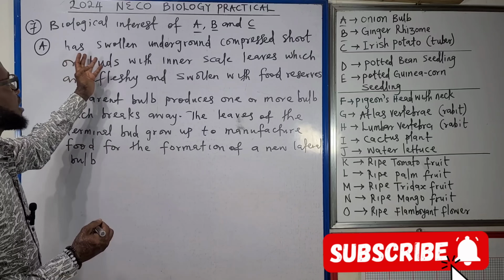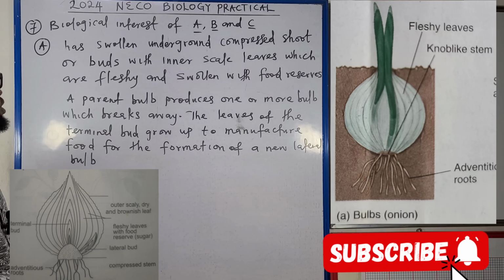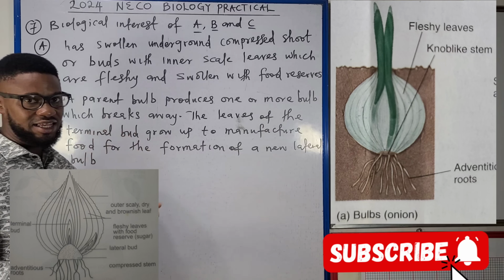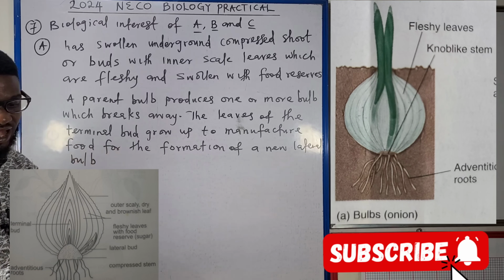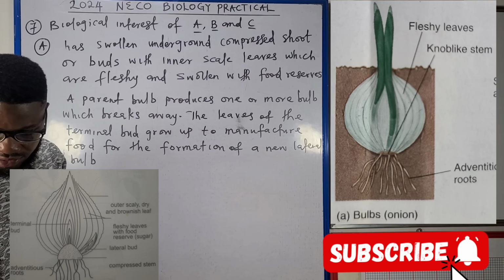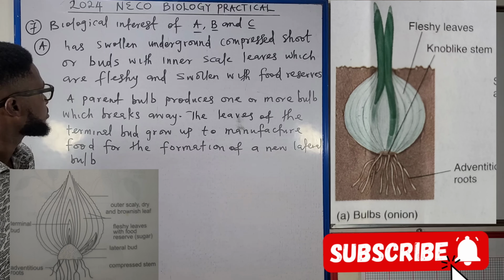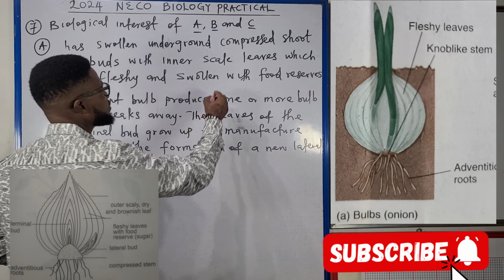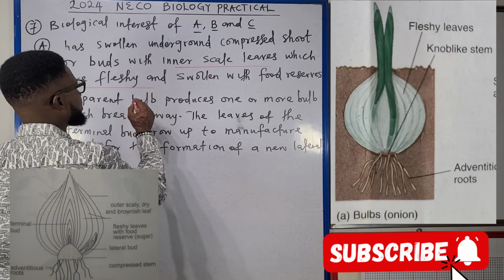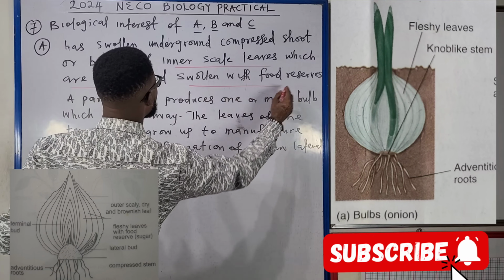I said it has swollen, on the ground, compressed shoots or buds with inner scale leaves. Yes, the scale leaves, as you can see in the diagram on your screen, are fleshy. The inner scale leaves are fleshy and swollen with food reserve.